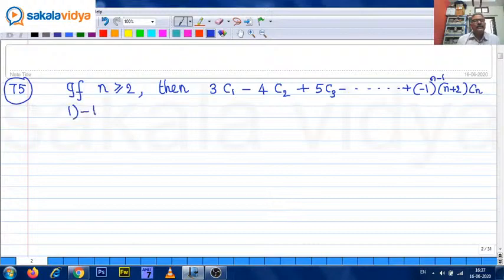First option minus 1, second option 2, third option minus 2, fourth option is 1.